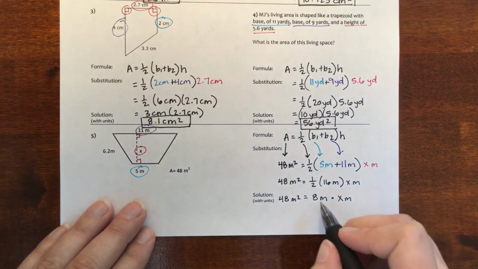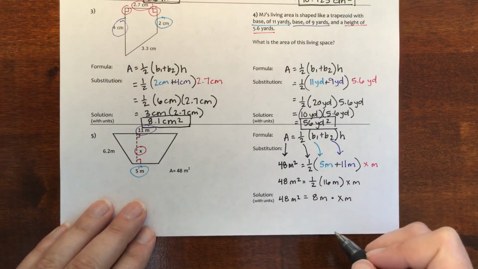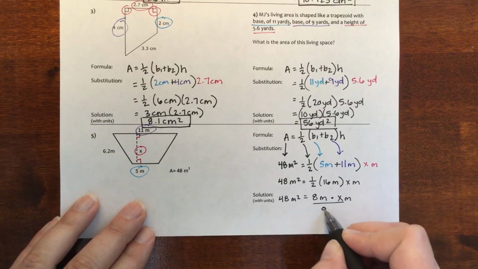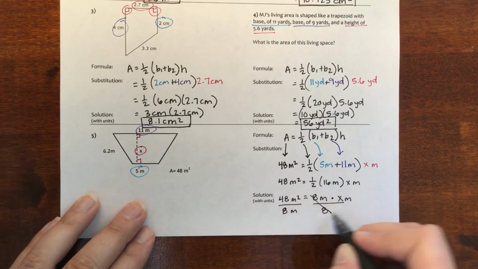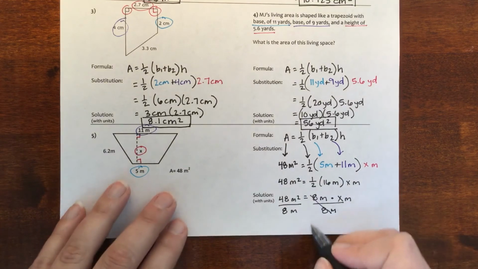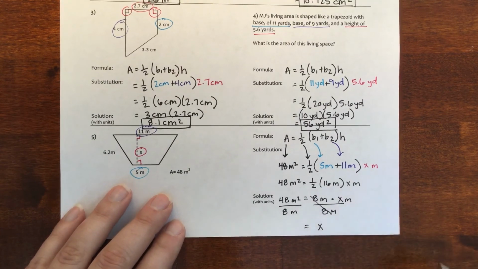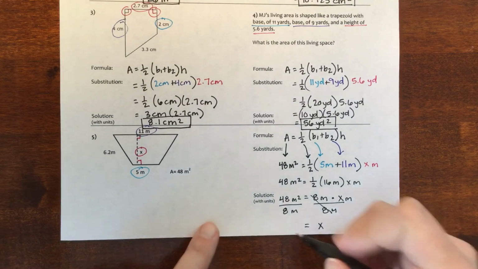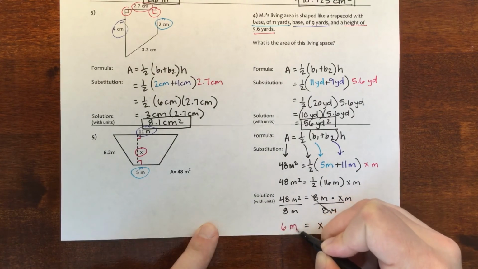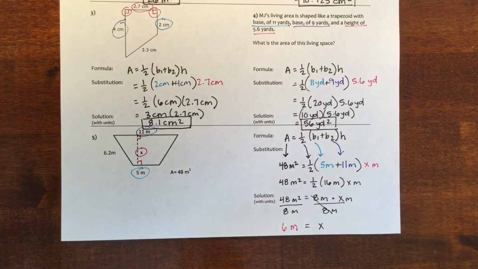Finally, I can see 8 times x is equal to 48. I would undo that using dividing by 8. This would leave the x, and 48 divided by 8 would be 6 meters, possibly for the height. And then I'll just fill it back in mentally and check my work.